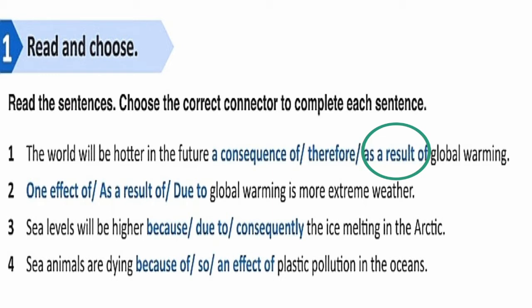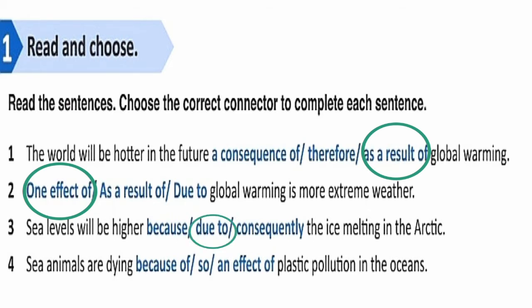Then, number 2, we have 3 options. One effect of, as a result of, or due to global warming is more extreme weather. The correct answer is one effect of global warming is more extreme weather. Number 3, sea levels will be higher because or due to or consequently the ice melting in the Arctic.